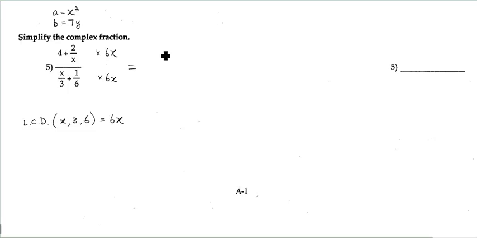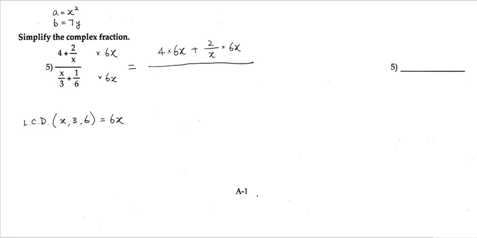So now let's distribute the 6x into the numerator. Don't just cancel out something right on the spot. We have 4 times 6x plus 2 over x times 6x.